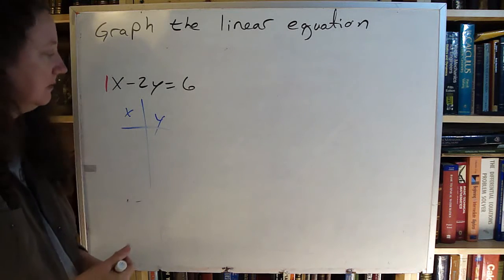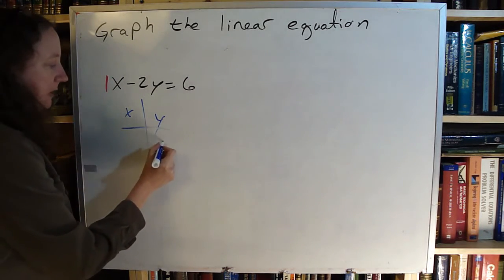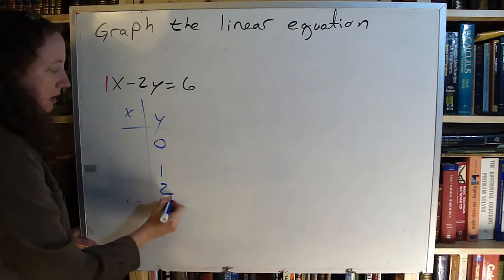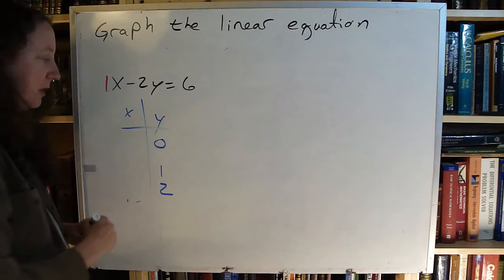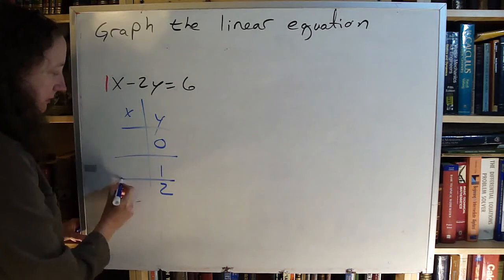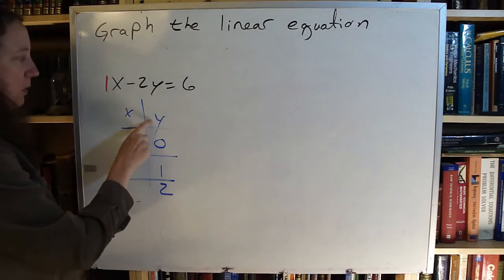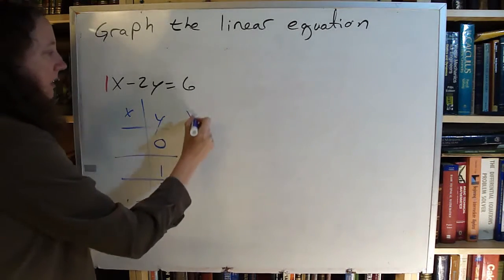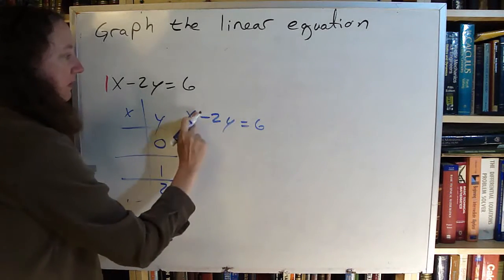number plugged in. So I'm going to plug in numbers for y, 0, 1, and 2. And I'm going to solve for x. So plugging in 0 for y, x minus 2y is 6.